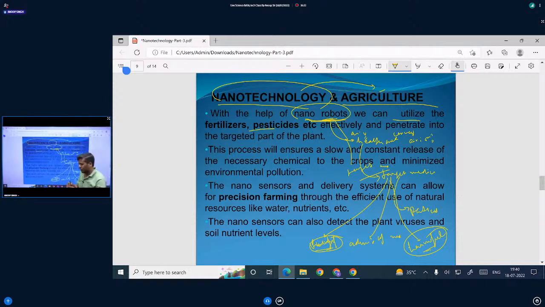This will also help to reduce the cost of the chemicals. Because when you supply at the targeted area only, automatically your aim is fulfilled, and you need not spread the fertilizer freely.